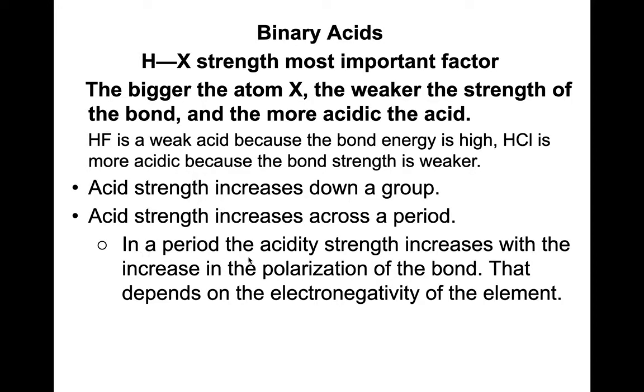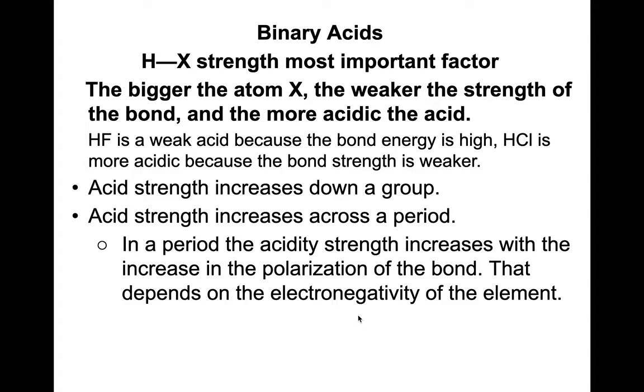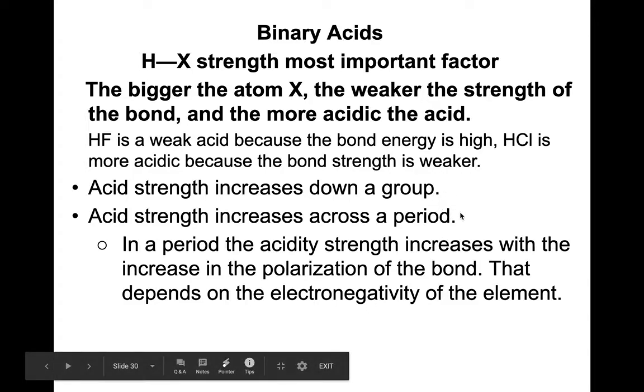The acidity increases because the bond becomes more polarized as we go across. So since going across a period we hit more and more electronegative atoms, they are more able to attract the electron away from the hydrogen, and so our bond gets more polar. So these are our two trends for our acid.